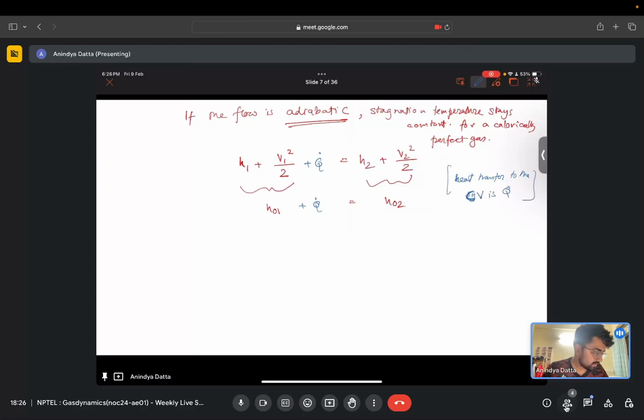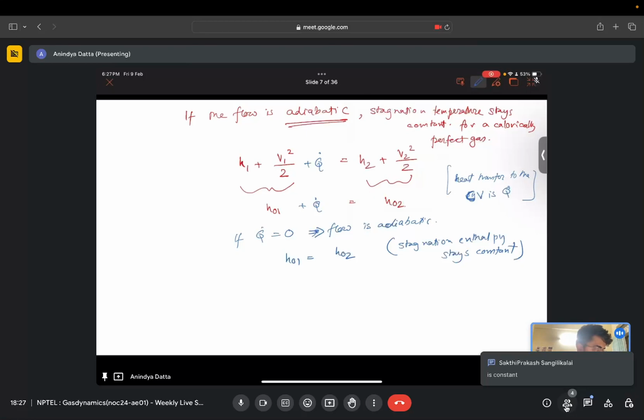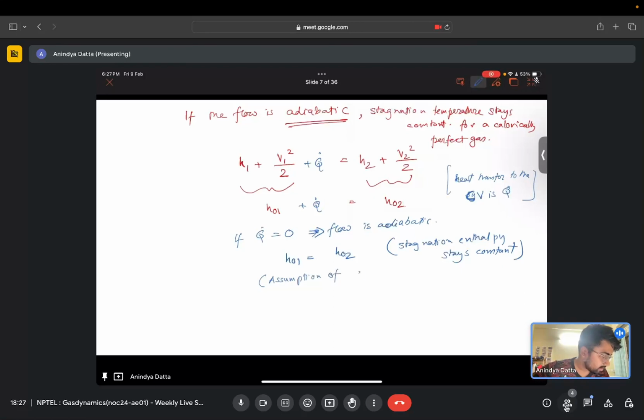Now if Q dot is 0, which means that the flow is adiabatic, we see that H01 is equal to H02, which means that stagnation enthalpy stays constant. Next, we put in the assumption of a calorically perfect gas.